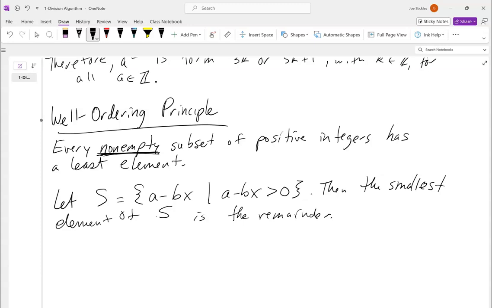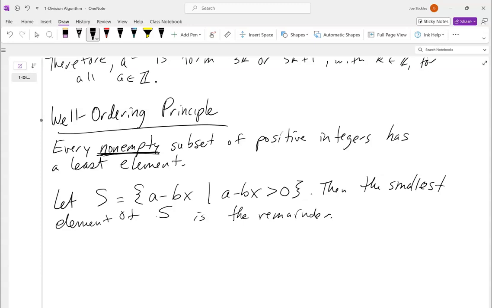But as a side note, about stuff that gets harder and that we won't talk about past this second, there is a statement in mathematics, I can't remember the name of it off the top of my head, that says that every set, it doesn't have to be positive integers, you can reorder any set and make it be well ordered, where every non-empty subset has a least element.